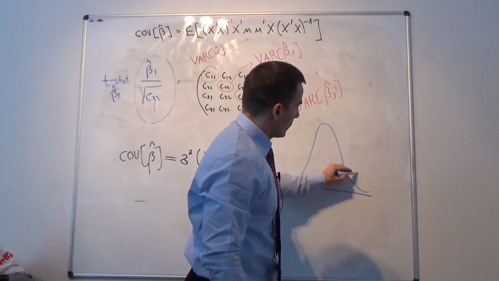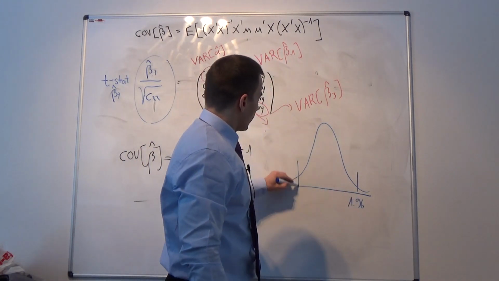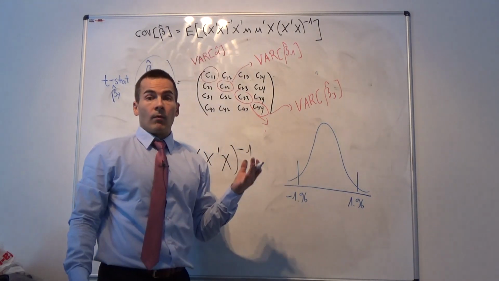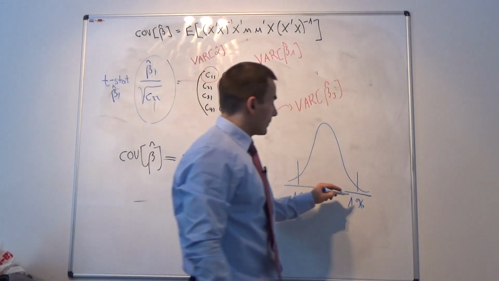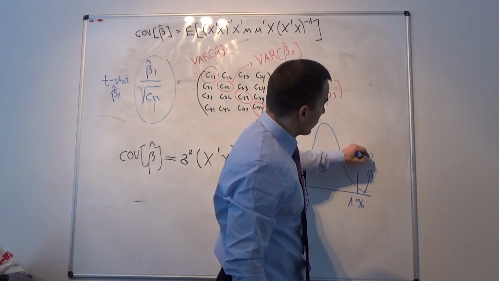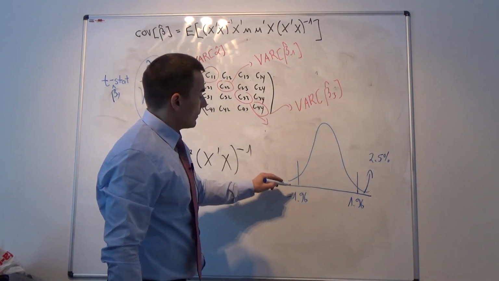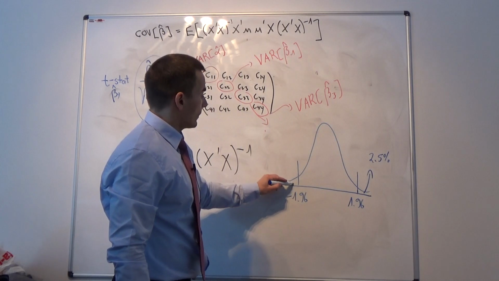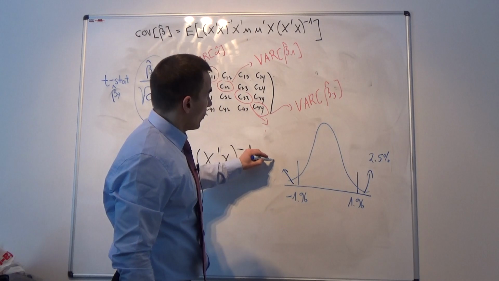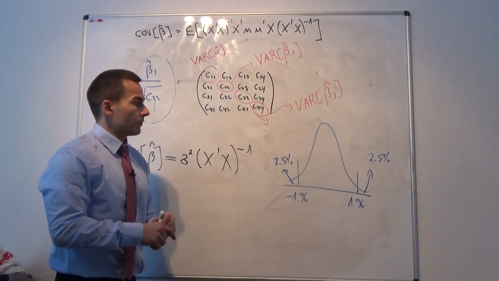We usually have 1.96 and minus 1.96 as the critical values, because we know that above 1.96 there is 2.5% of the probability mass, and below minus 1.96 there is also 2.5% of the probability.